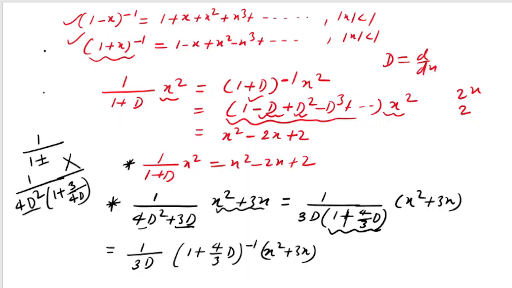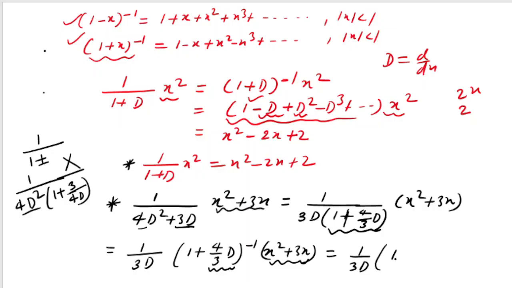Now this is a polynomial of degree 2. So if I operate the differential operator on this at any degree higher than 2, then I will get 0. So in the expansion, I have to write only those terms which are up to D square. So (1 + x) to the power minus 1, where in place of x we have 4 by 3D.